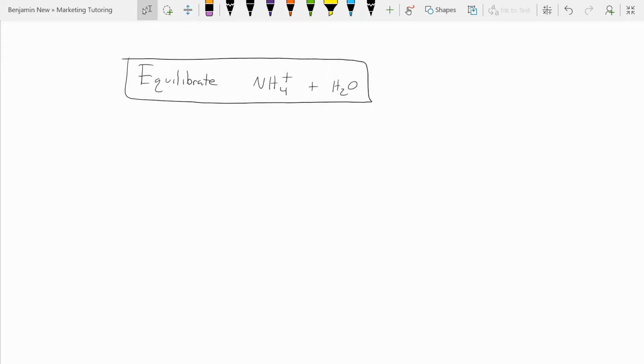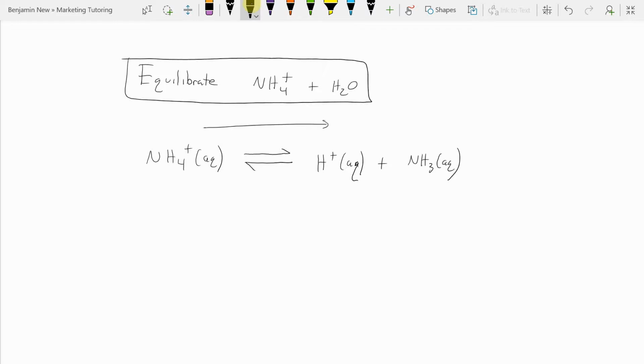So I'm not going to go through the major species or the reaction, since the reaction that we're going to do is this. Ammonium ion aqueous is going to dissociate into H plus and back to ammonia. Now I'm anticipating that this isn't going to go very much to the products.